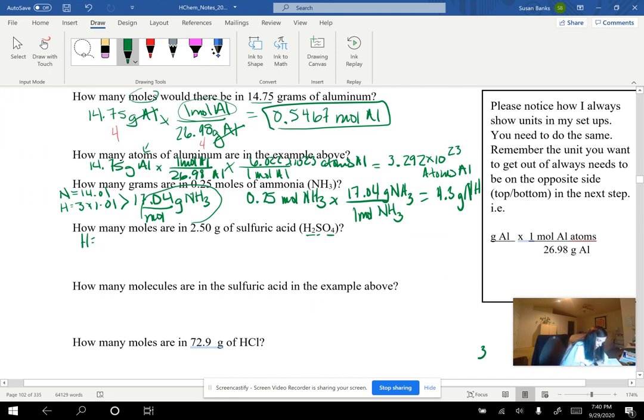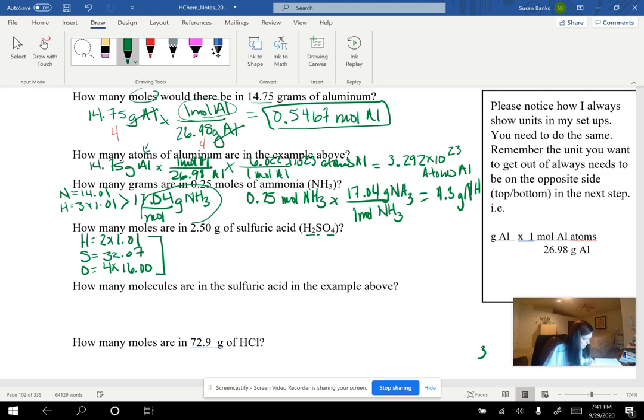So the hydrogen is 2 times 1.01. Sulfur will be 32.07. And the oxygen, we've got 4 of them, right? So we're going to have to multiply that by 4, 4 times 16. So we're going to add all of those up: 2 times 1.01 plus 32.07 plus 4 times 16. Now remember your order of operations here. Make sure that you're multiplying where you need to multiply and adding where you need to add, okay?